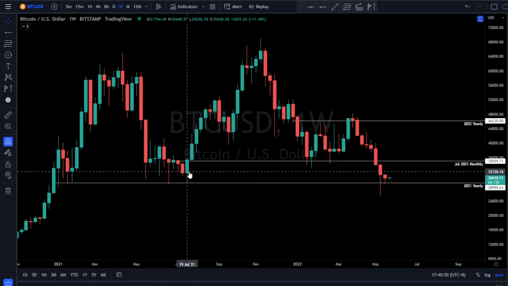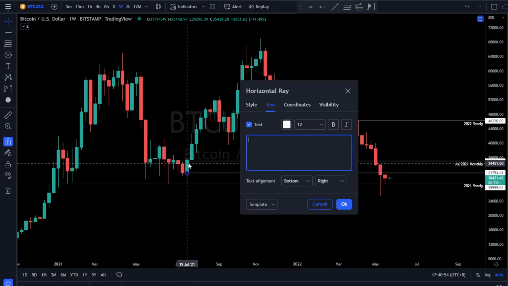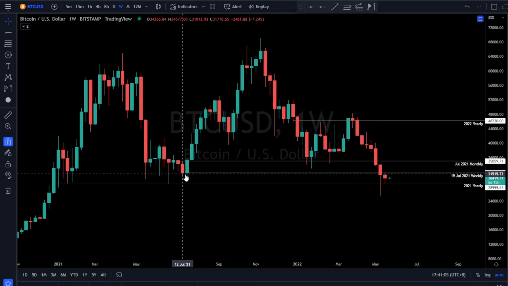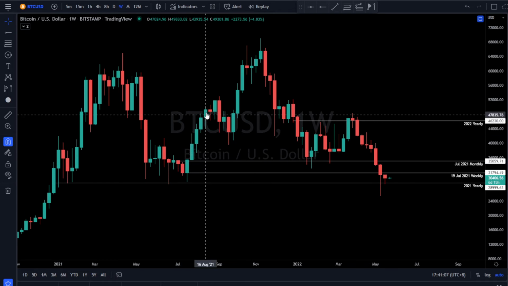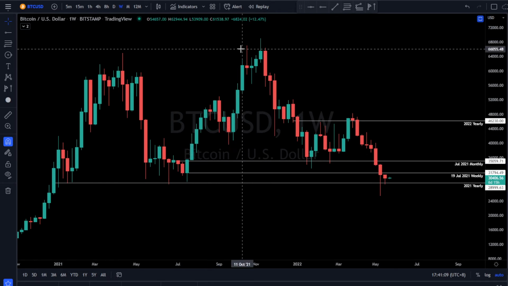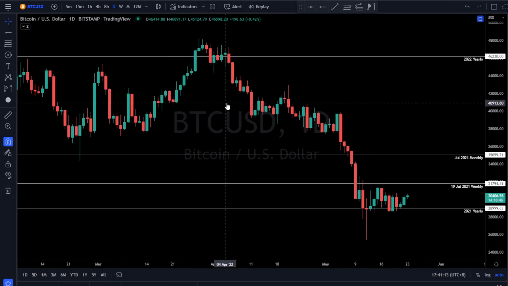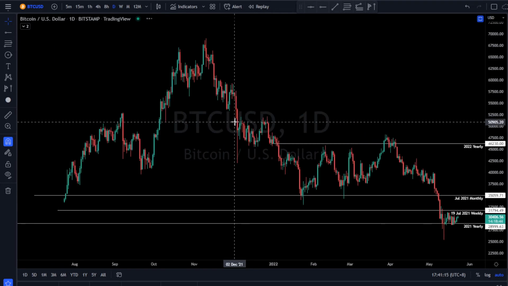I think we have one over here, 19 July 2021 weekly. Okay, so again, this was a turning point before price started to move back up on the weekly charts. Now we look at the daily charts to see if it makes sense.